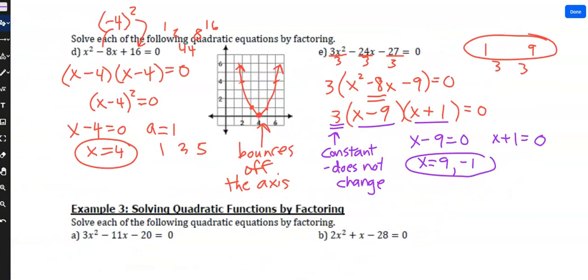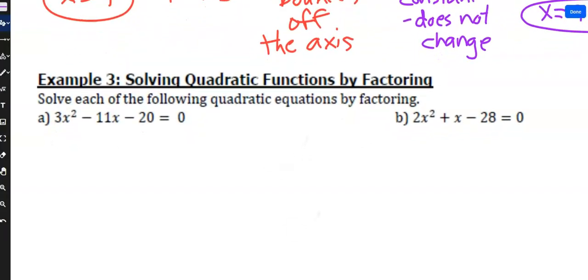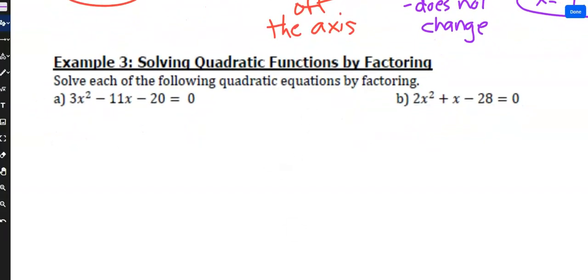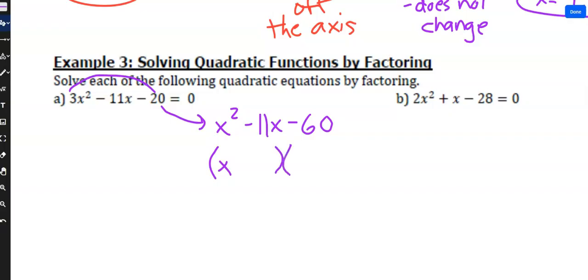And no, I didn't need the Berry method because we took the GCF out first. Now, these do use the Berry method, right? Because there's no GCF. So, I'm going to go through my process here of taking the 3, multiplying by the 20, x squared minus 11x minus 60. And then I factor this normally. Let's see here. I think it's going to be minus 15 and a plus 4.